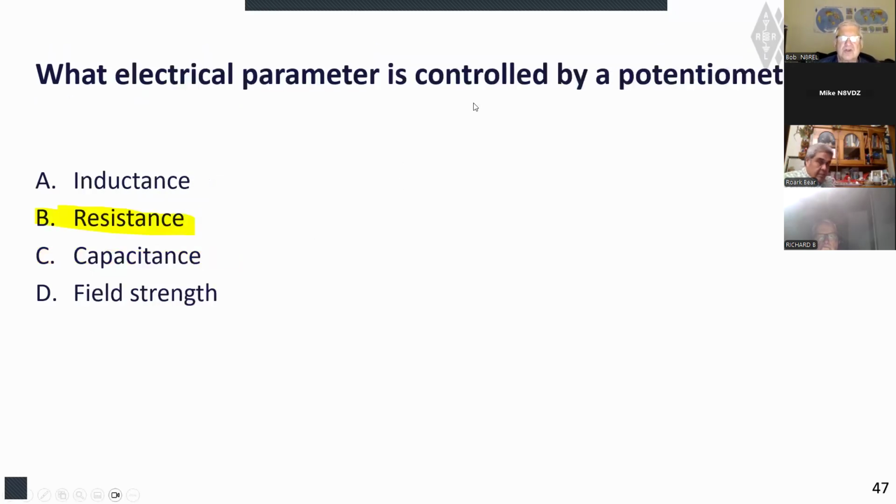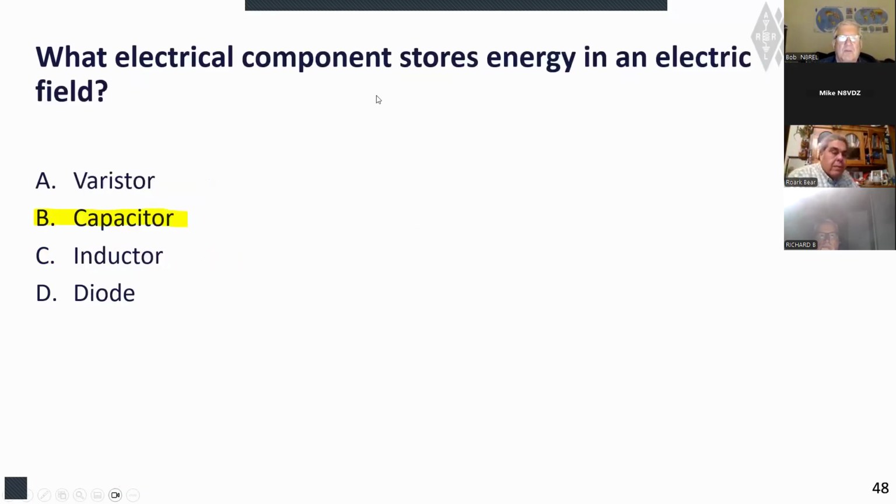What electrical parameter is controlled by a potentiometer? Resistance, because a potentiometer is a variable resistor. What component stores energy in an electric field? Well, we said capacitance, or a capacitor stores energy in an electric field.